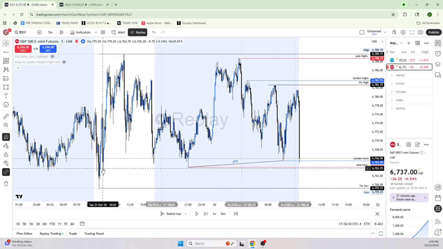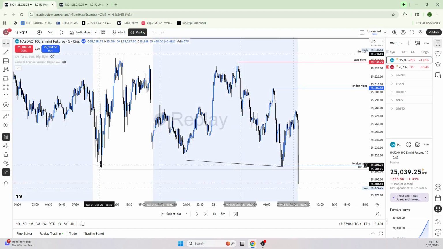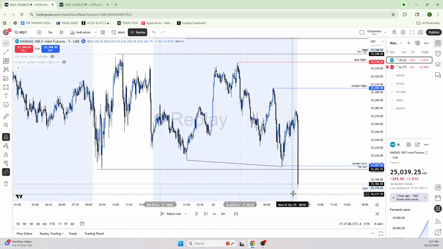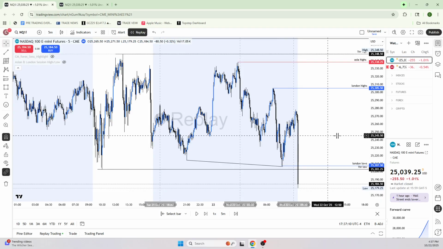So yeah, we made another bullish S&T off of those lows up to those lows, and on NASDAQ right here, these lows down to these lows. So I would have a really strong bias on ES.